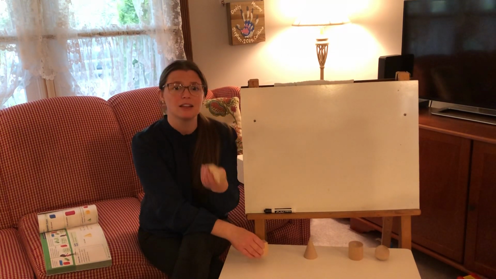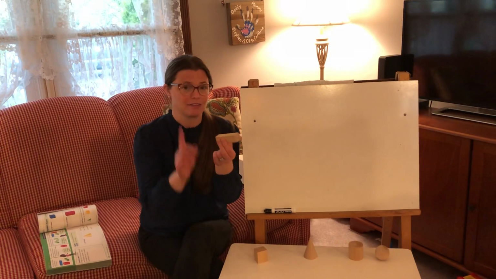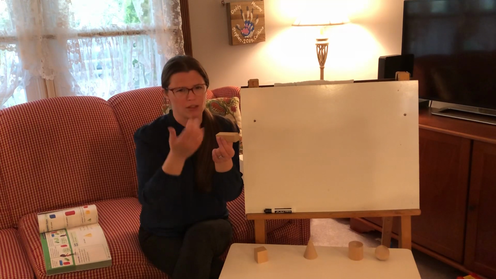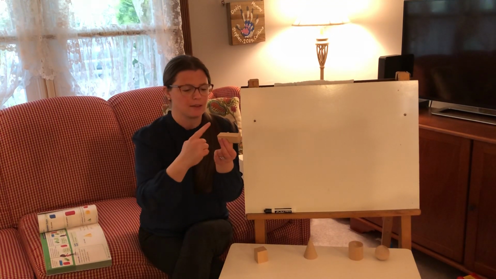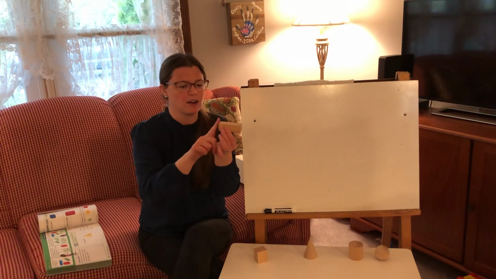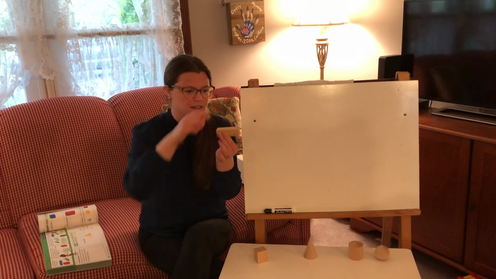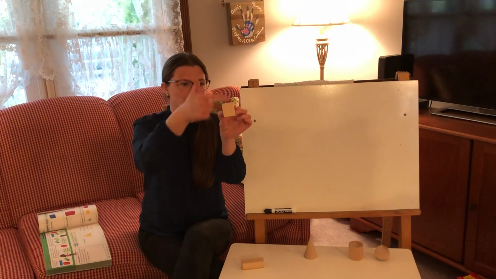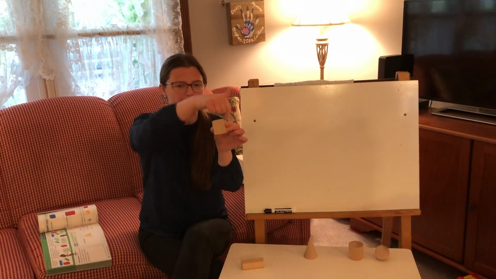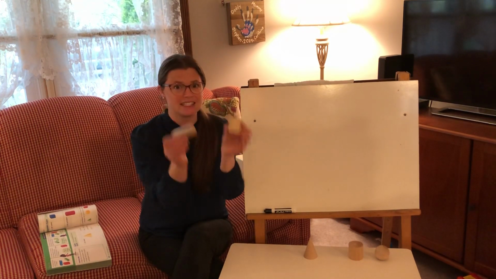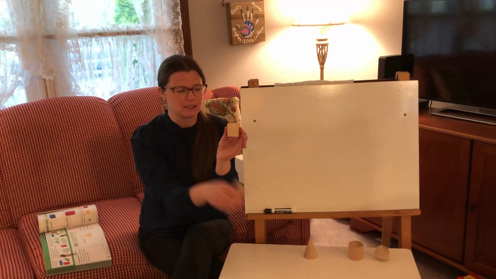So a rectangular prism has to have, let's count how many faces, ready? Or flat surfaces. You can call them either flat surfaces or faces. Ready? 1, 2, 3, 4, 5, 6. So this one has 6. Let's count this one real quick. 1, 2, 3, 4, 5, 6. Ha! What do you know? They both have 6 flat surfaces.